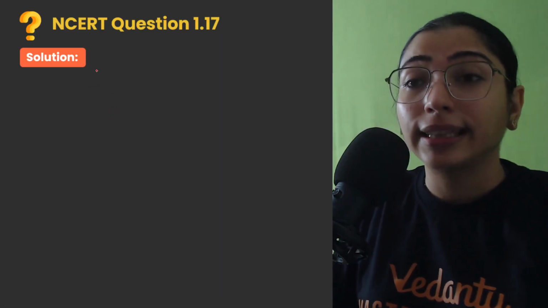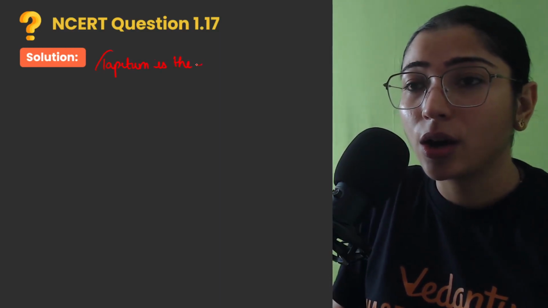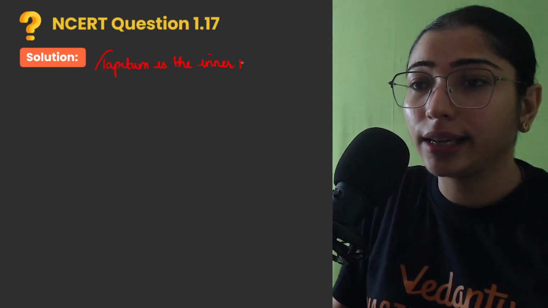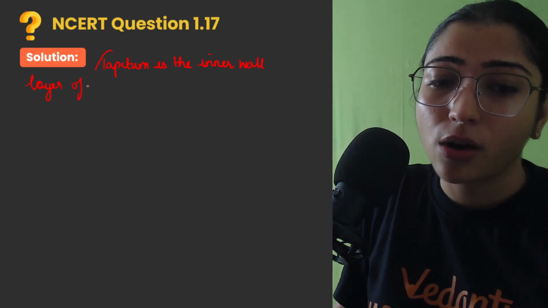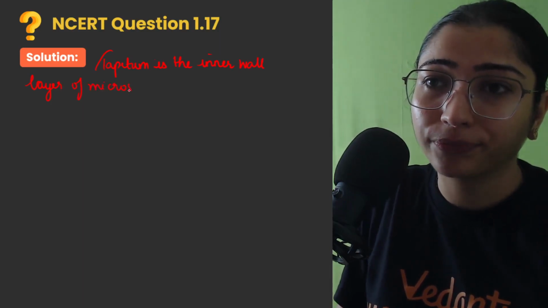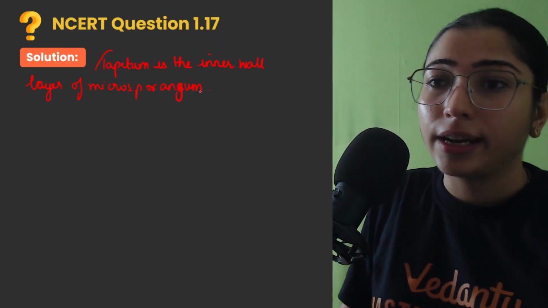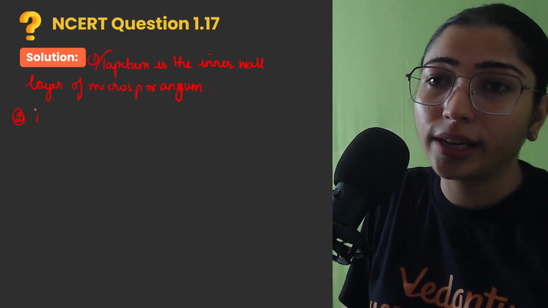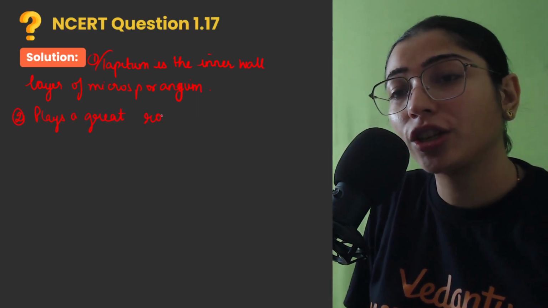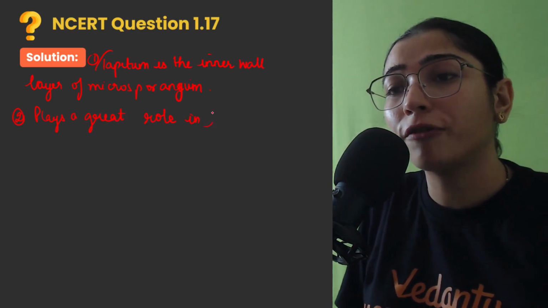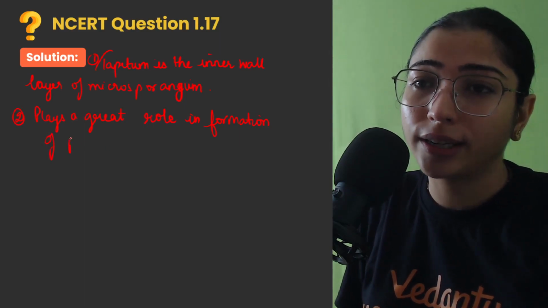So let's write that tapetum is the inner wall layer. It is the inner wall layer of microsporangium, and it plays a great role in formation of pollen grains.